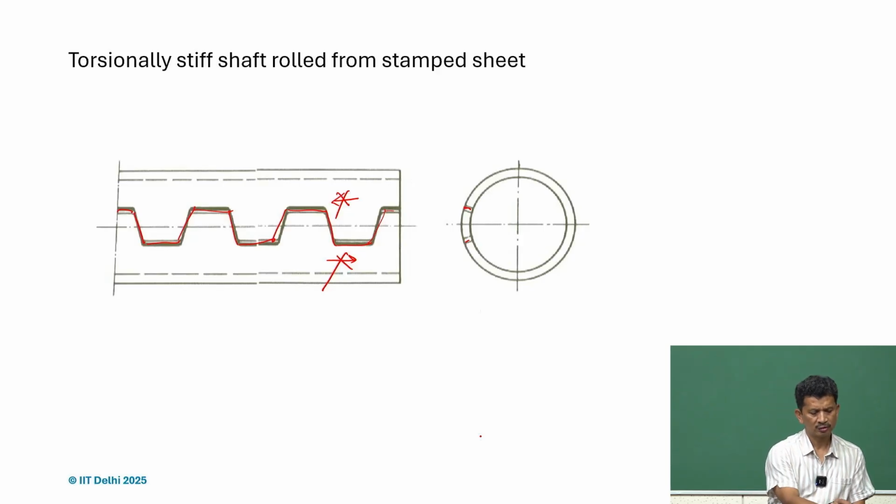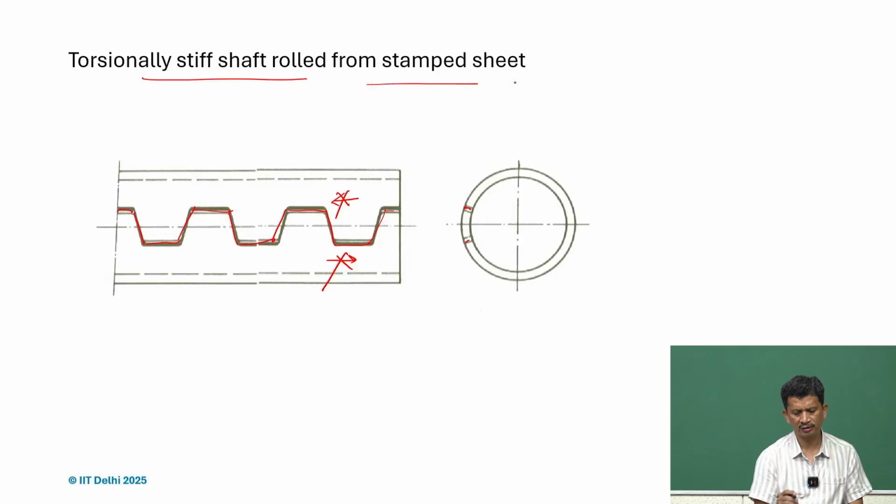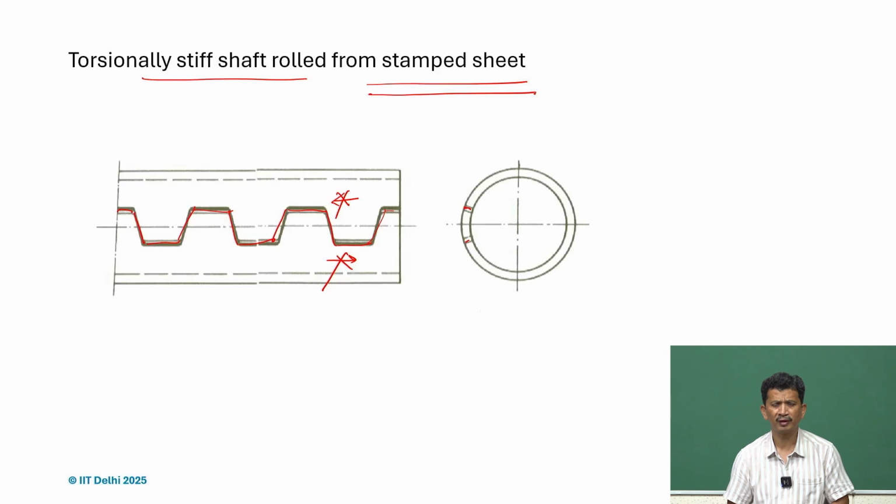So this is a torsionally stiff shaft rolled from a stamped sheet, and definitely what we see here, if we use a stamped sheet, is the ease of manufacturing and the cost involved. If we try to get a closed tube, it might be difficult and costly. But if we just use a stamped sheet and roll it into this configuration, this will be very cost effective, and at the same time we can get a very stiff structure, a torsionally stiff tube, even with the open profile here.